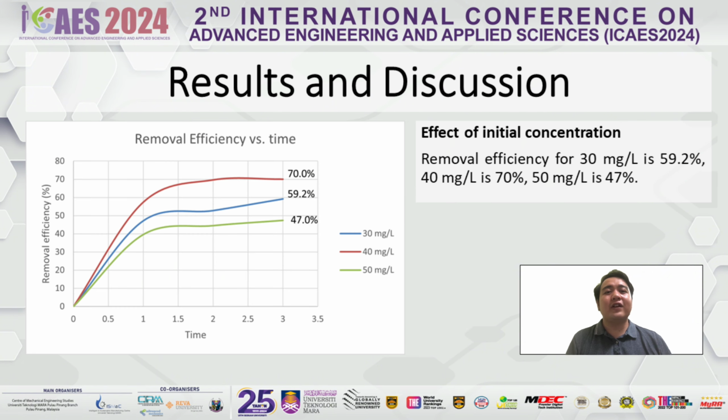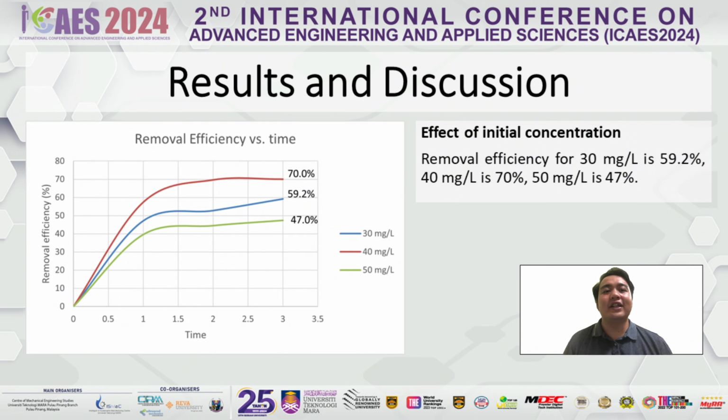For the effect of initial concentration, it showed that increasing the initial dye concentration from 30 mg per liter to 40 mg per liter caused the removal efficiency to increase. Higher initial dye concentration enhanced the interaction between hydroxyl radical and dye molecule, and the higher driving force involved resulted in increased dye removal efficiency.